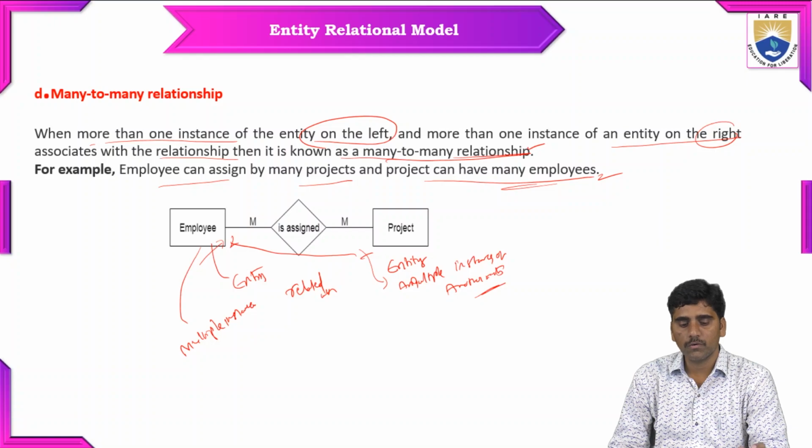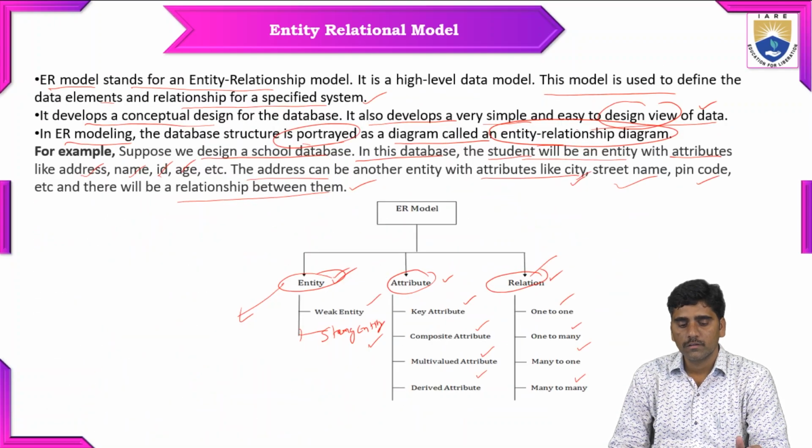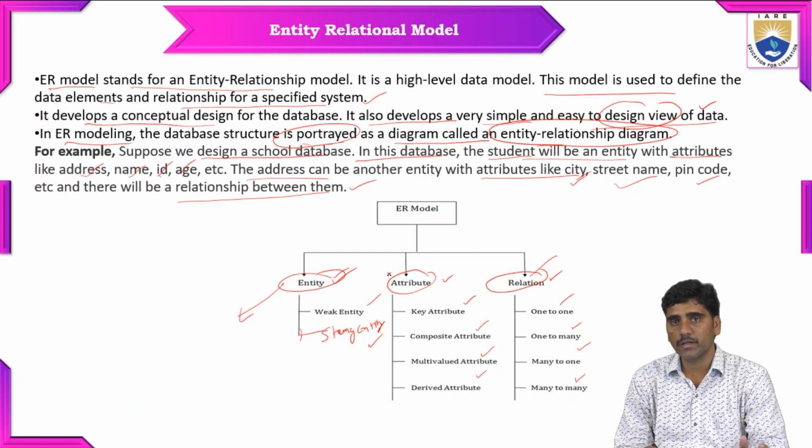So this is about many-to-many relationship, and once again we revise the topic which we discussed in this session. What is meant by the ER model, and what are the different types of attributes, entities and relations there.